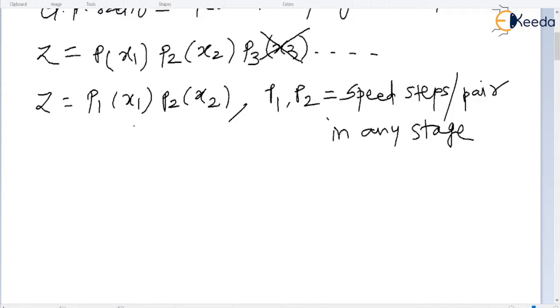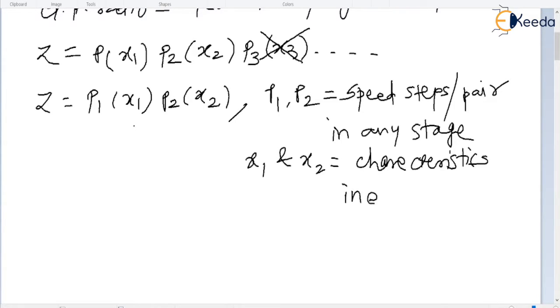And next we have X1 and X2, those are called characteristics in each stage. So P1 P2 are speed steps, also called pairs in each stage, and X1 and X2 are characteristics in each stage.